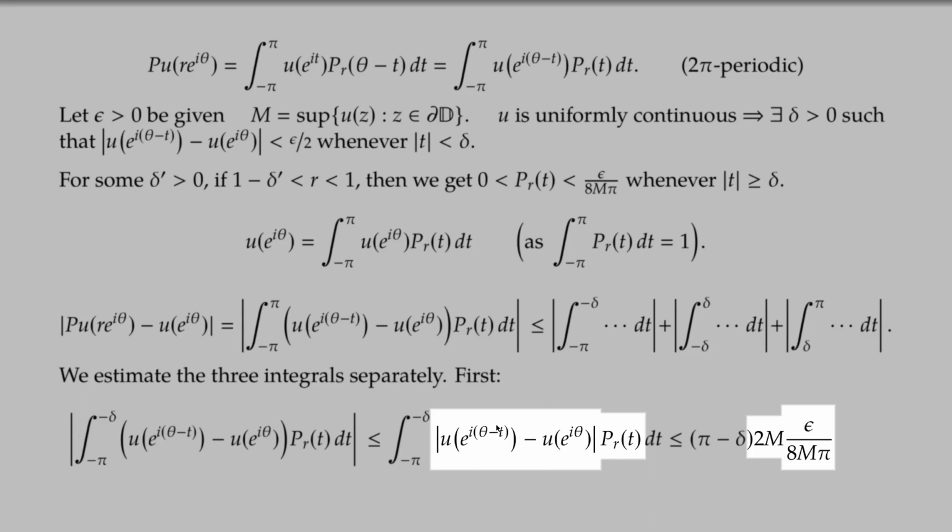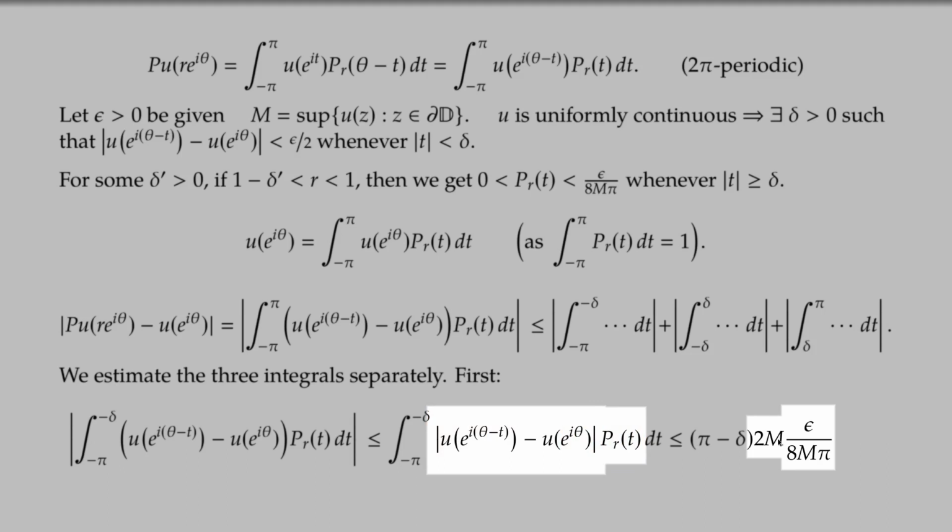But here t is rather big, so these points are not necessarily close, so we don't really have any reasonable small bound on it. But we have a large bound. That's fine, and we picked everything so that the Poisson kernel is arbitrarily small, so it can kill however large this is. It's probably not as large as 2m, but it's at most 2m.